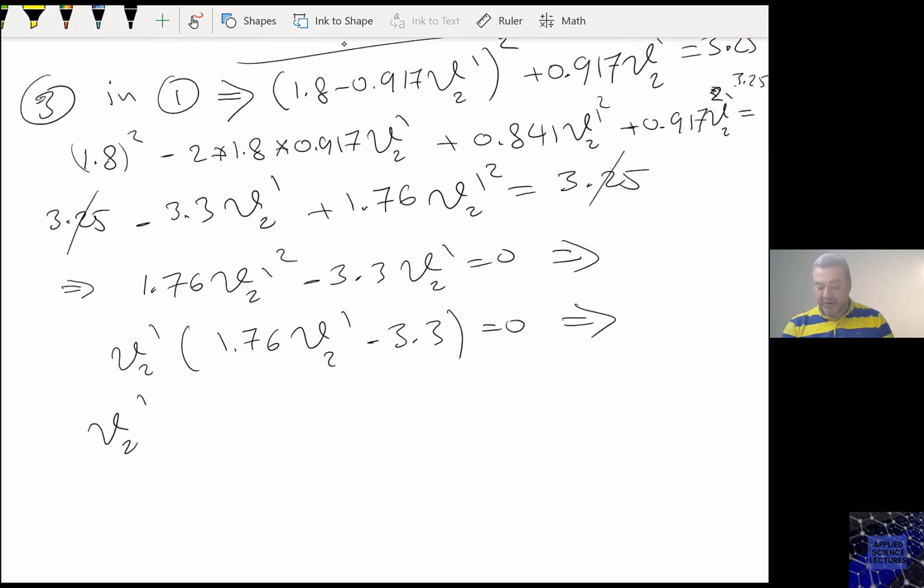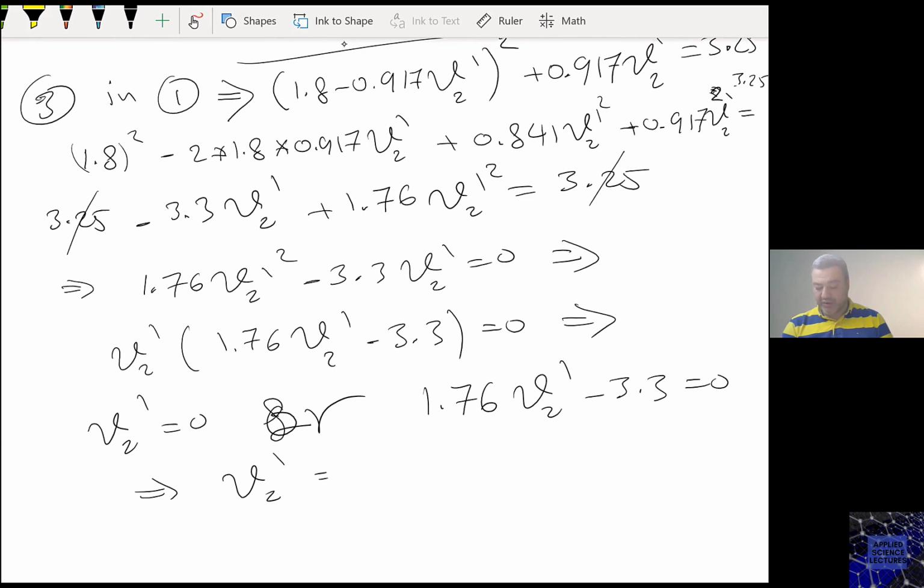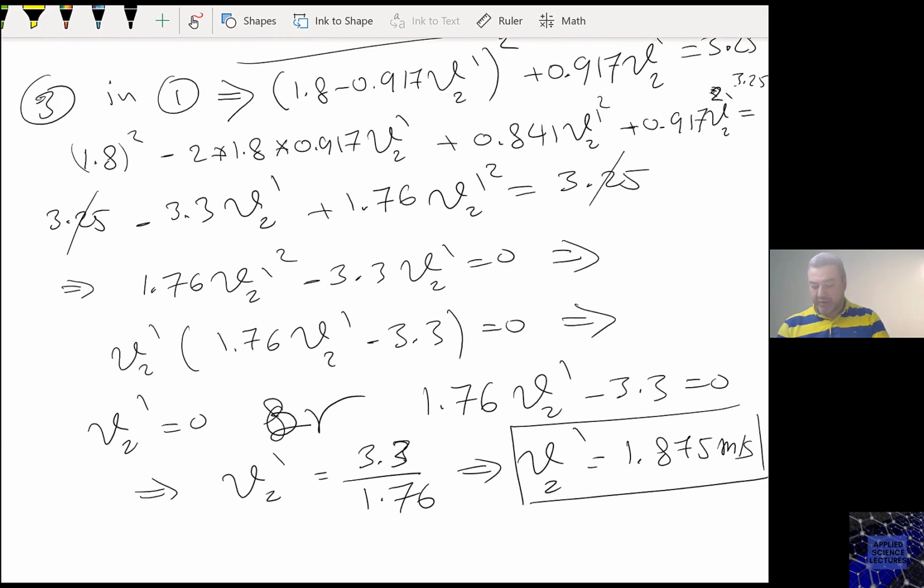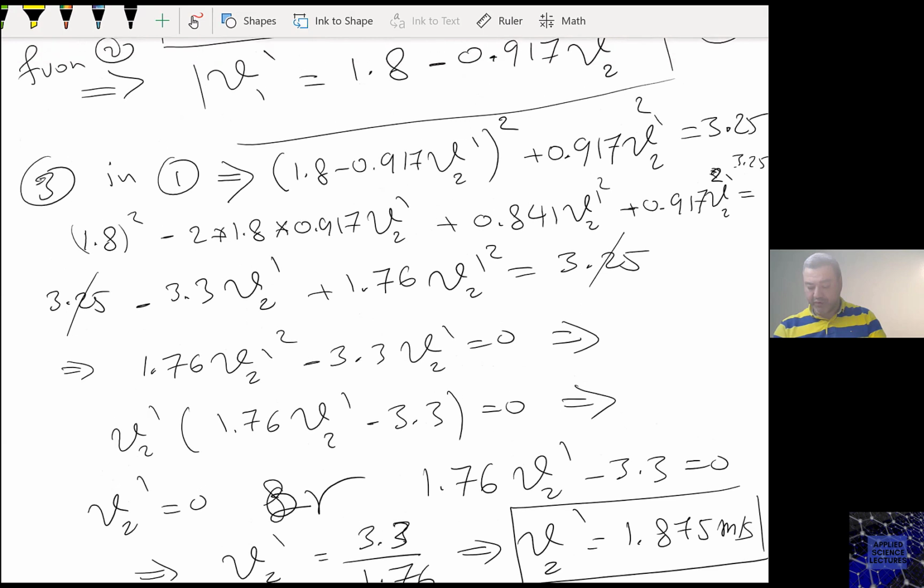So the solution is either V2 prime equals 0, or 1.76 V2 prime minus 3.3 equals 0. And in this case, V2 prime is 3.3 divided by 1.76, which equals 1.875 meters per second. Call this one 4.